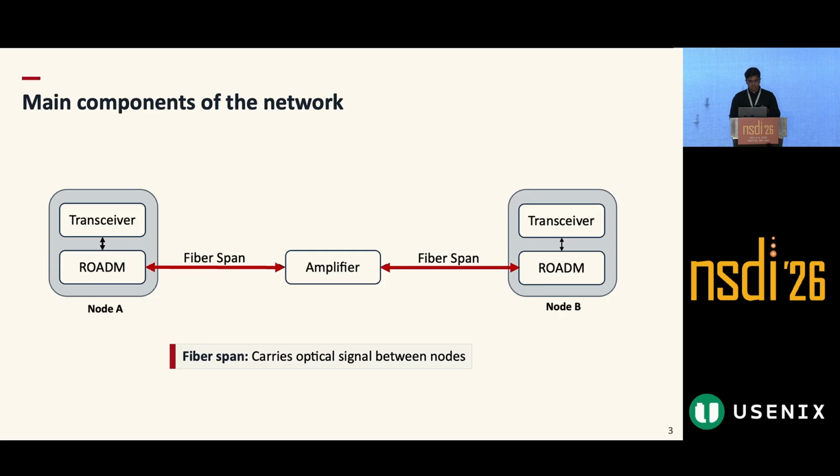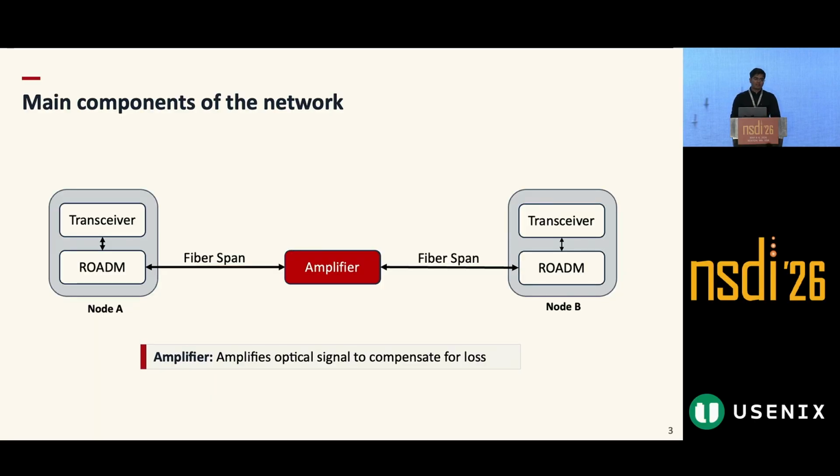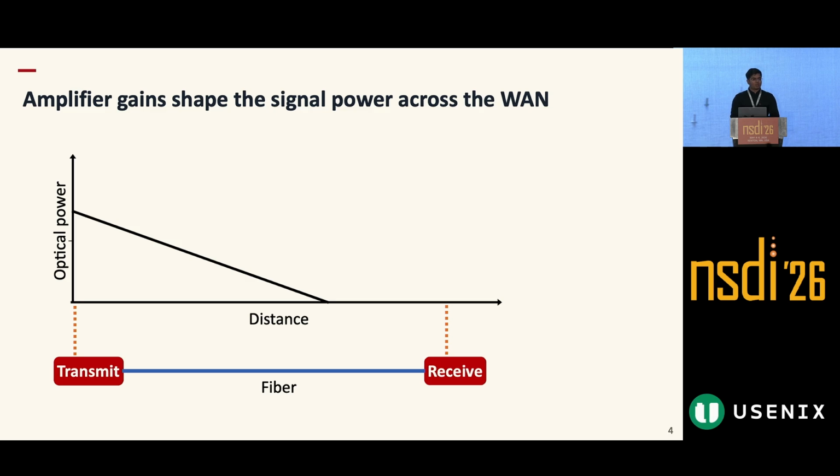But during propagation, because of signal attenuation, it loses some power. And that's where amplifiers come in. Amplifiers amplify the signal to compensate for the loss in the fiber. Let's look at what the optical power profile looks like. In this network, the transmitter is transmitting the signal and the receiver is receiving the signal.